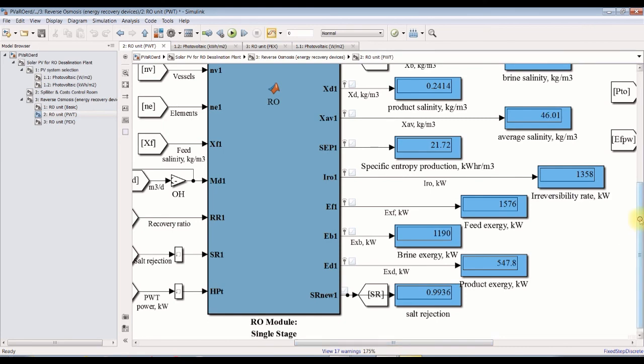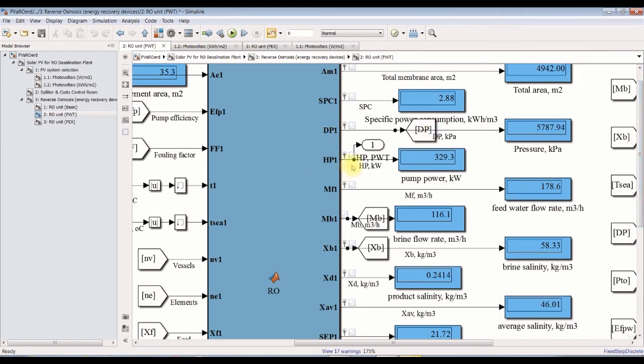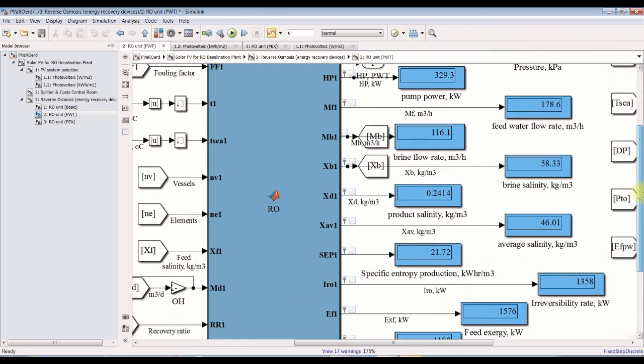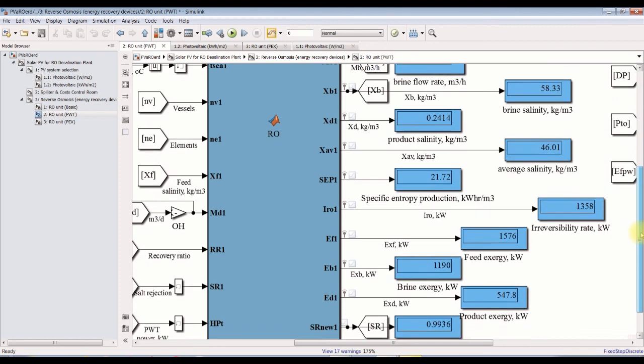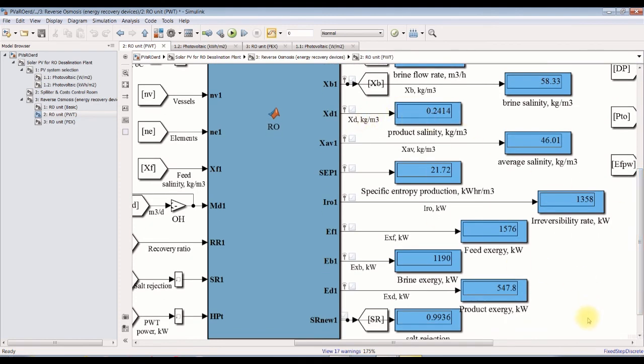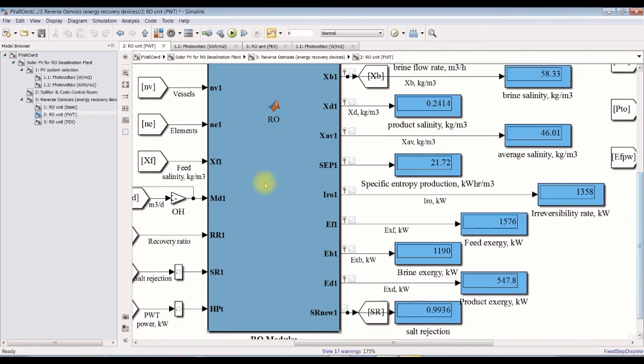And this is the final value, the load on photovoltaic. It's around 330 kilowatt load on photovoltaic, and this is feed flow rate, brine flow rate, salinity, reversibility, product salinity, and so on.